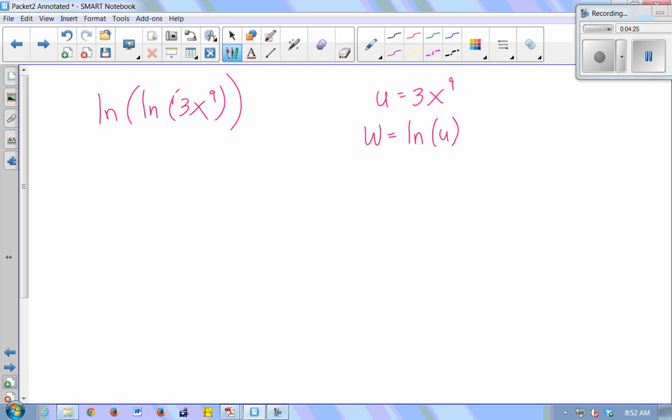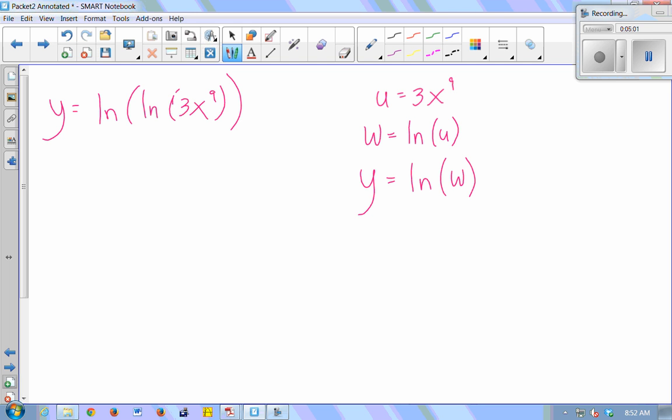And then I finally have my outermost function, which we'll call y. Y equals the ln of w. So if you work your way backwards, replace w with an ln u, then replace u with a 3x to the 9th, then these two equations say the same thing. So I've just broken this down into the 3 functions that are being composed to get my original.